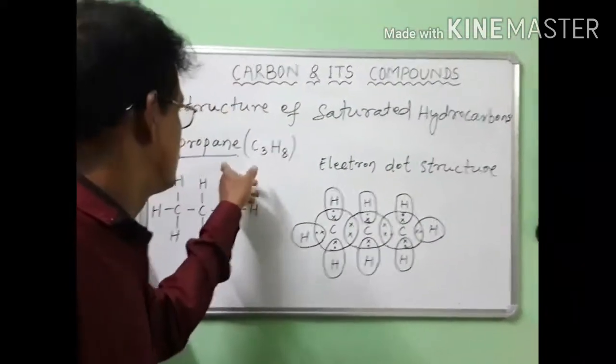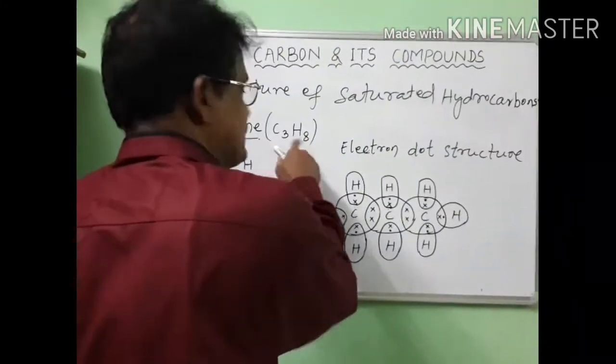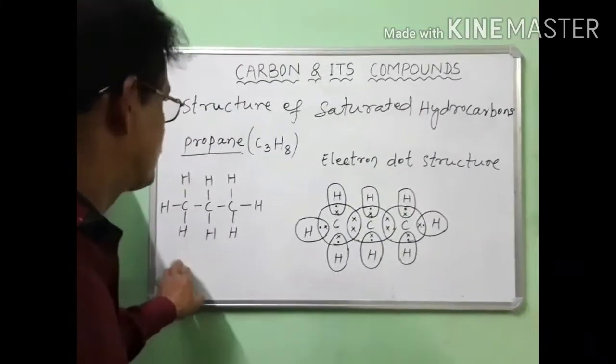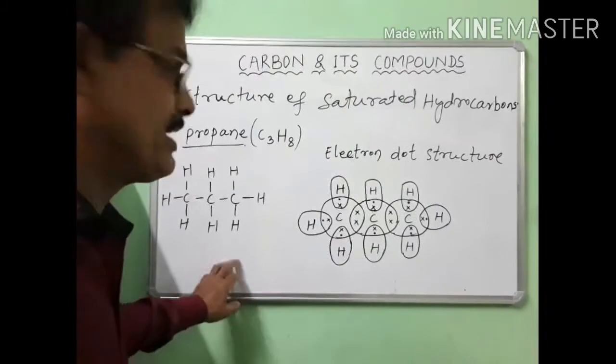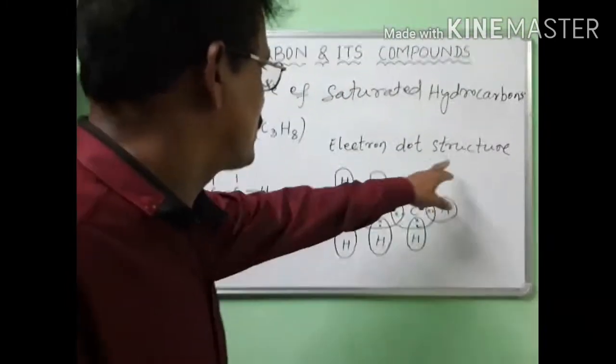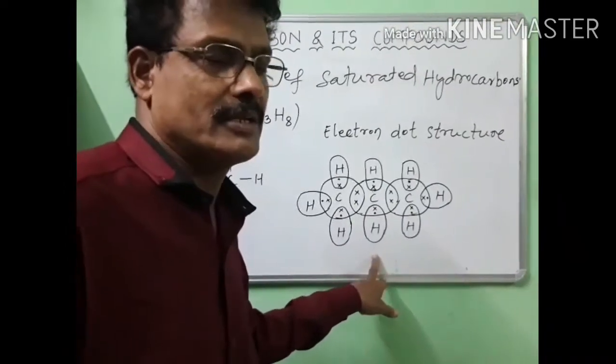Next is propane, C3H8. Here is the structural formula of propane, and here the electron dot structure of propane.